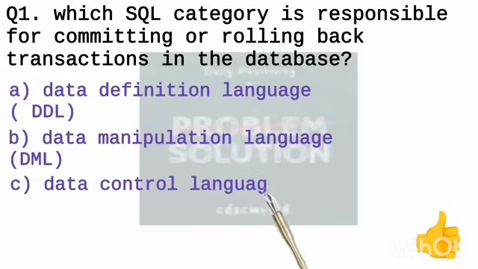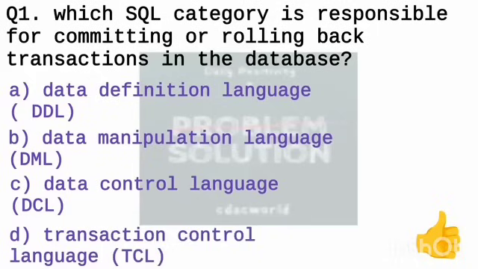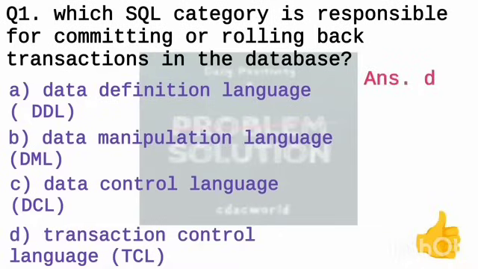Option C, data control language. And option D, transaction control language. And the answer is D, transaction control language.